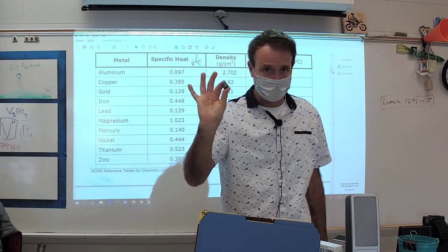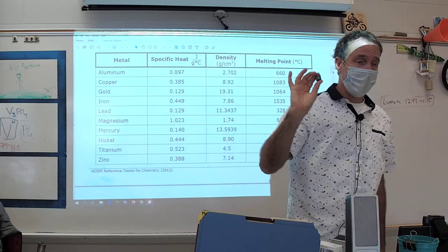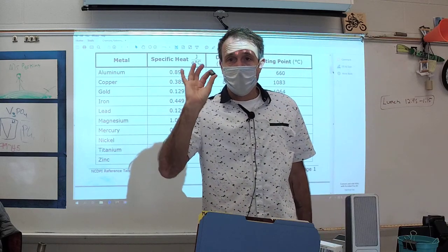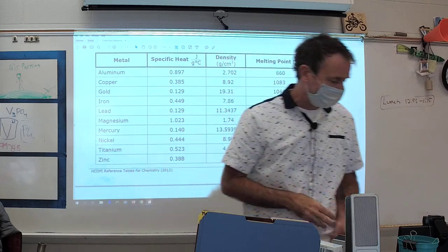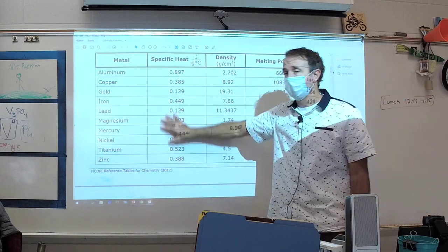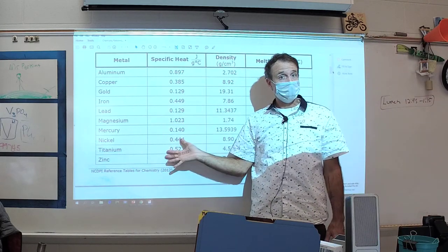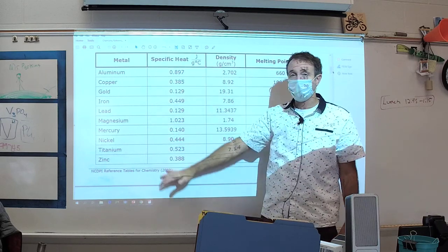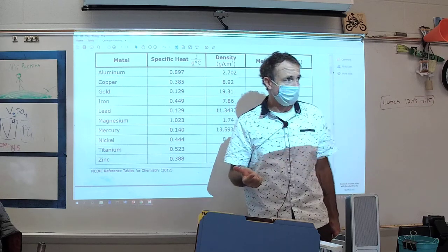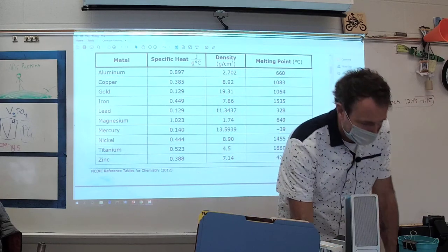Now there's a formula for this, obviously. There's a formula for how much energy it takes to heat up all these different substances. And that's why they give you these tables on your reference tables. That's why they give you the table of specific heat, so you can do some calculations with it and you can understand it.